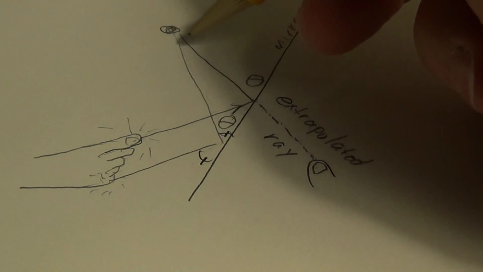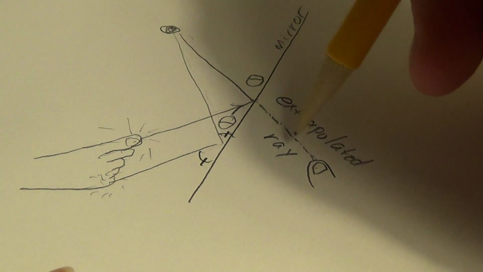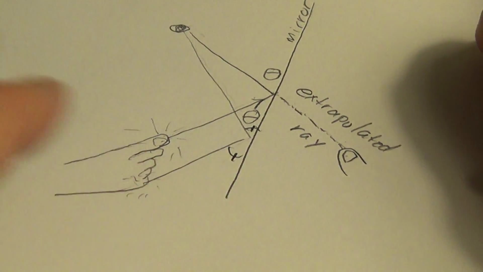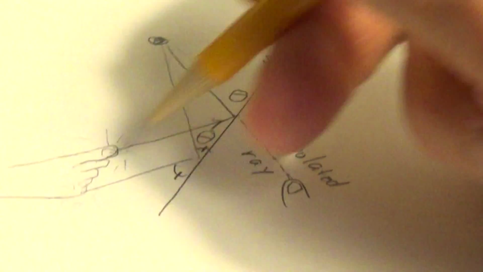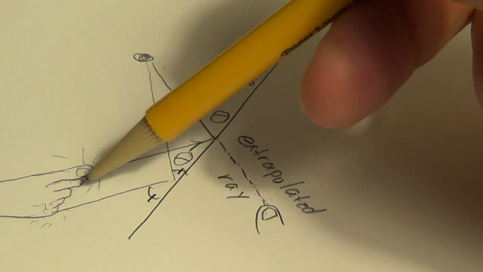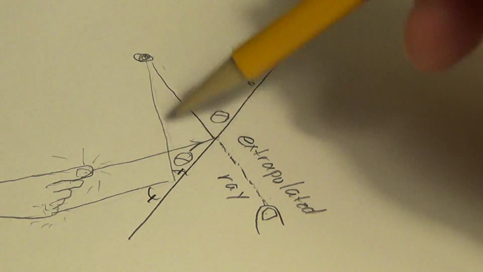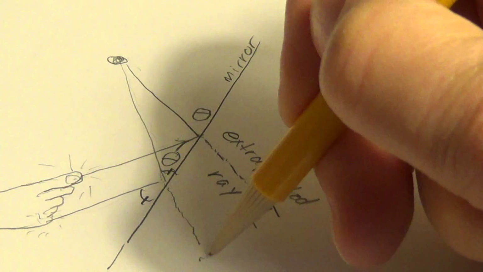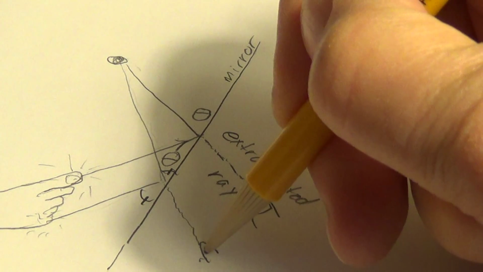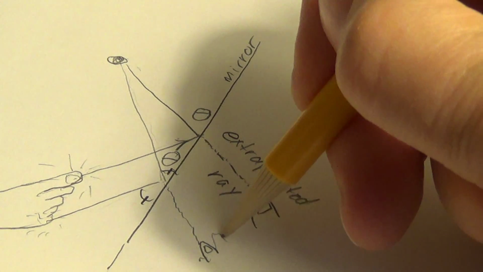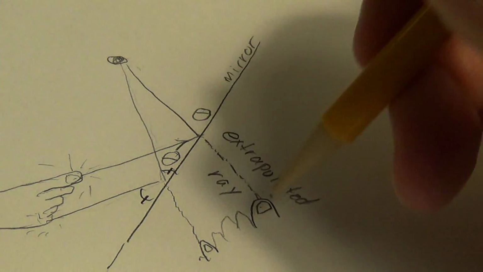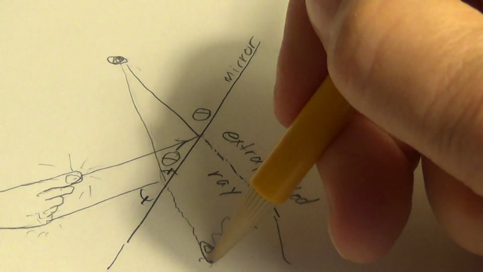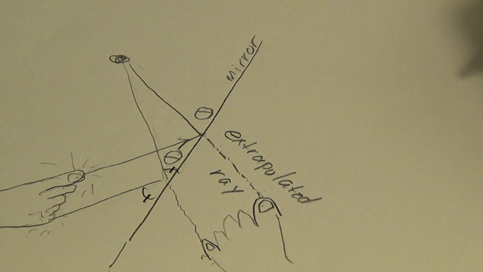So as the eyeball extrapolates this ray backwards in a straight line, it also does the same thing for the little toe. And see, the little toe was this line. So it's going to extrapolate back here, and the little toe will be here. And then it'll do the same for the other four toes, and lo and behold, you see the foot.